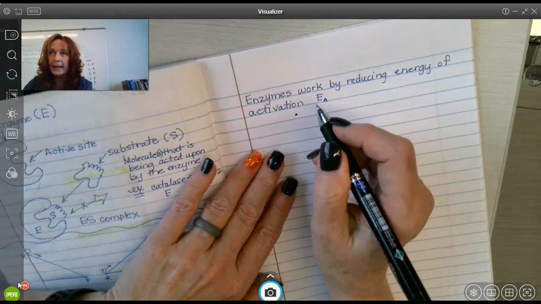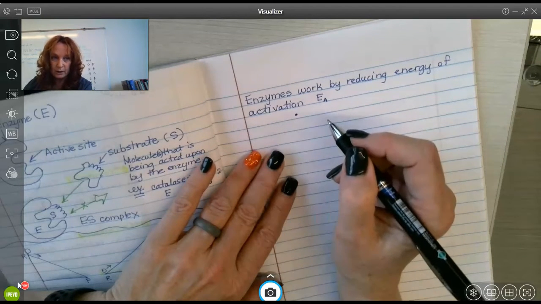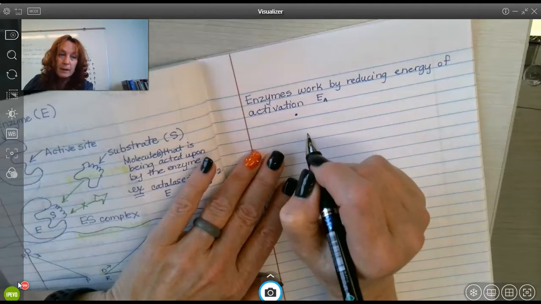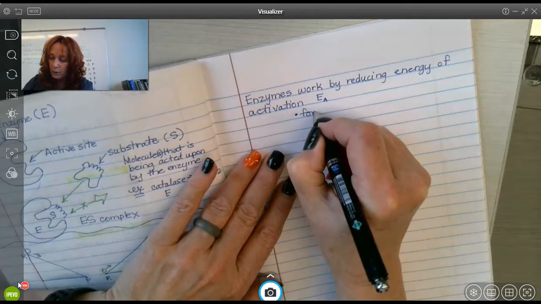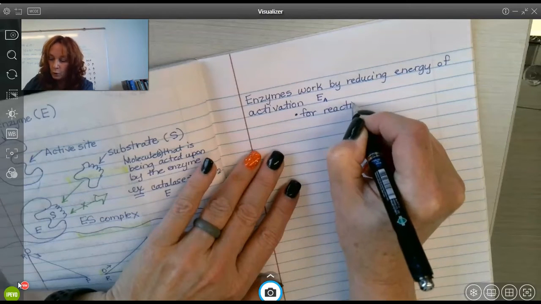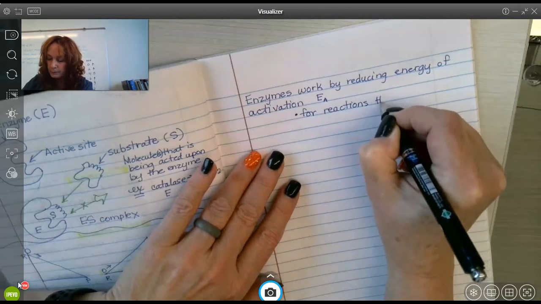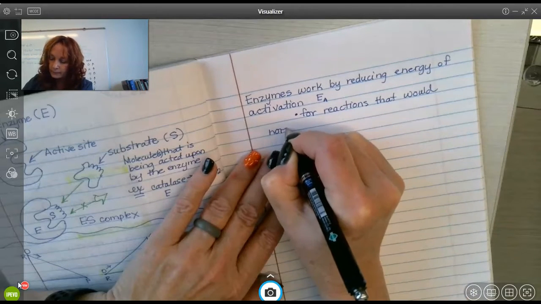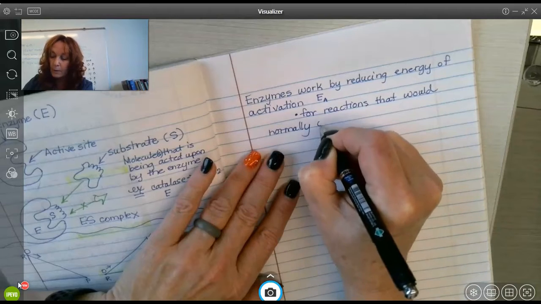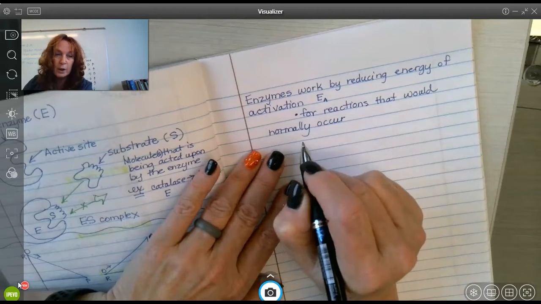They don't do magic. Enzymes aren't magic. You can't speed up something that would never happen anyway. So these are for reactions that would normally occur, but just way too slow for life.